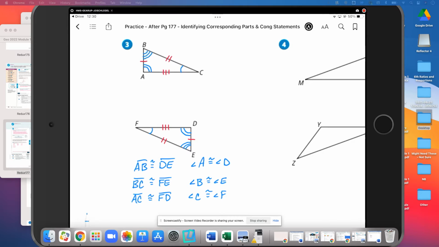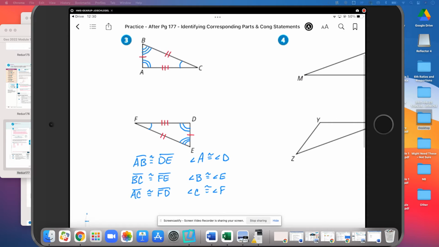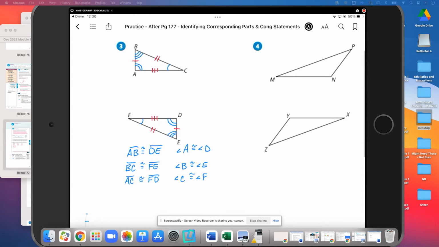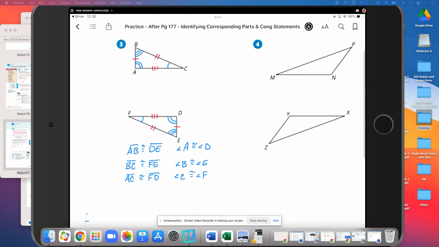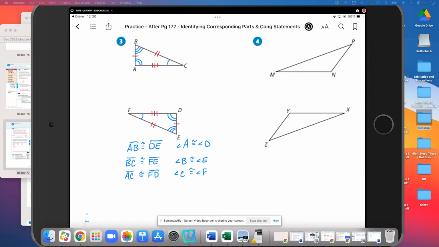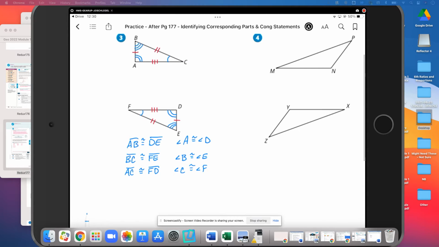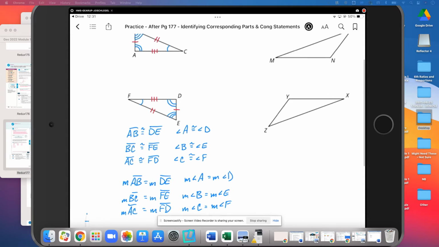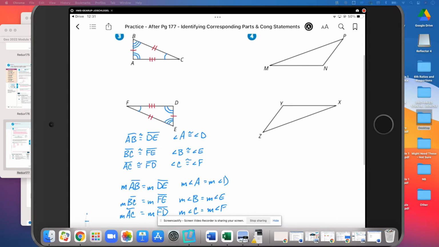I've got that side AB is congruent to DE, and you can read through those. I am also going to go ahead and make equality statements about the size of these, the measure of these sides and the measure of these angles for this problem. So I have also completed making statements about the measure.